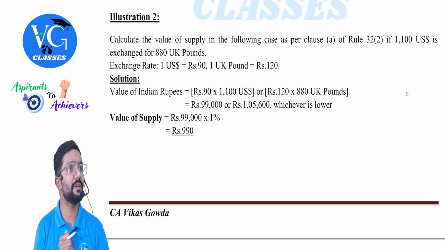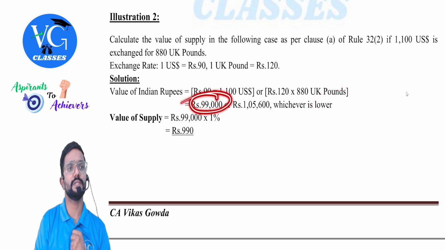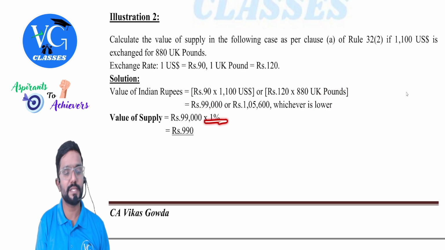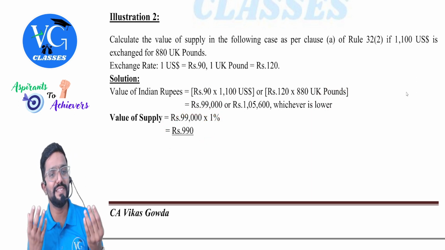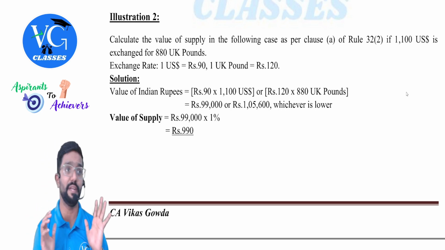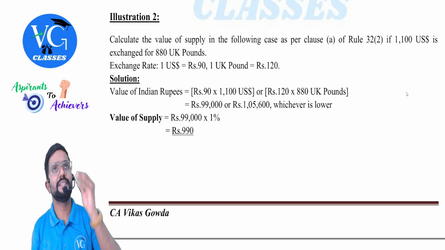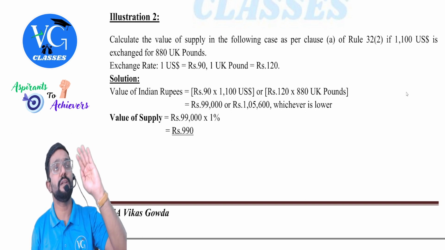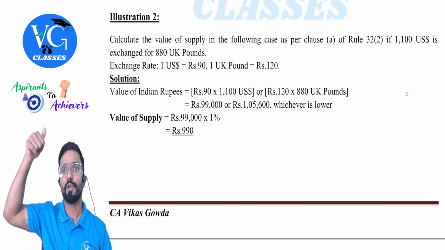Should we take whichever is higher or lower? Lower. So how much is that, people? 99,000. 99,000 into 1% is the value of supply. See, if they ask this kind of questions, it is full easy, provided you remember it. And easy, guys, I don't think anything is tough here. Clear. Just by seeing the question, you can easily tell what to apply and how to calculate the value of supply. Got it now?